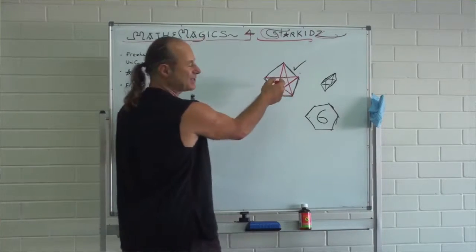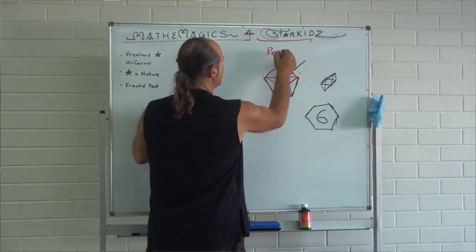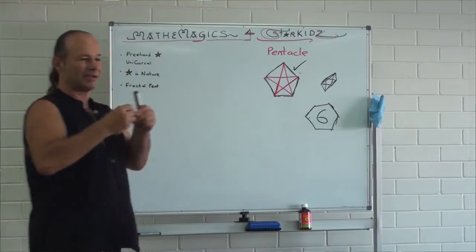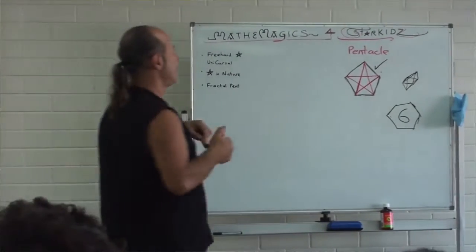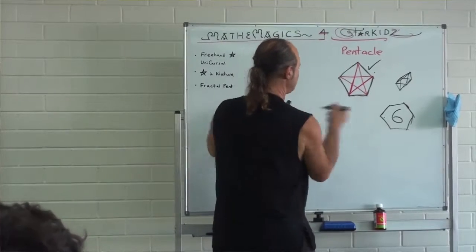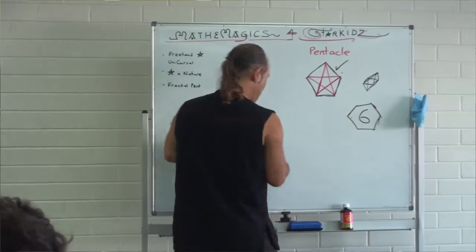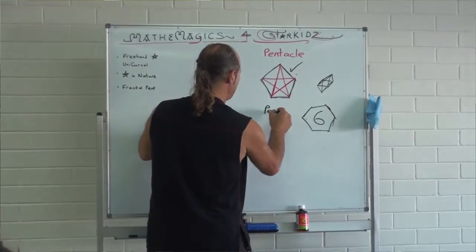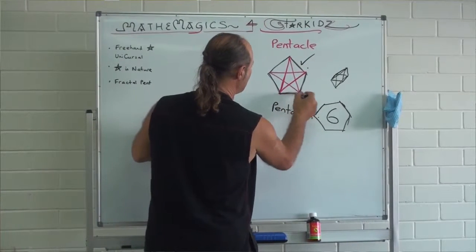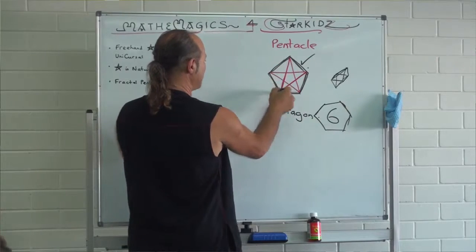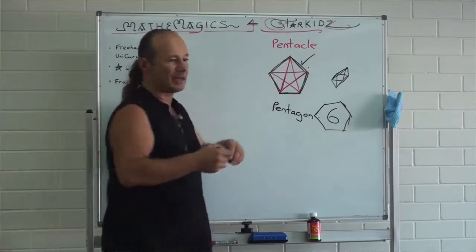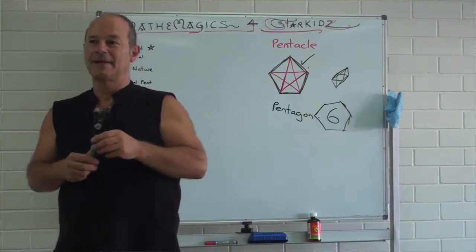Like in Harry Potter, the symbol for the school, I think, is a 5-pointed star. It's called a pentacle, okay? So the pentagon is in black. Pent means 5. So the pentagon is just a shape on the outside. But when we connect all the points, we call it a pentacle or star pentacle.